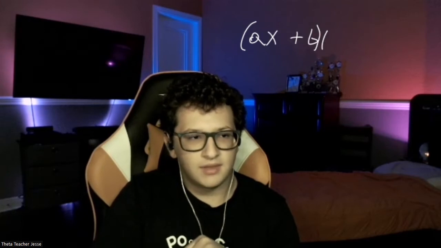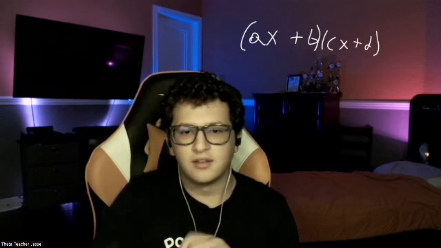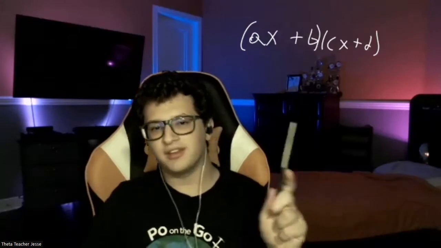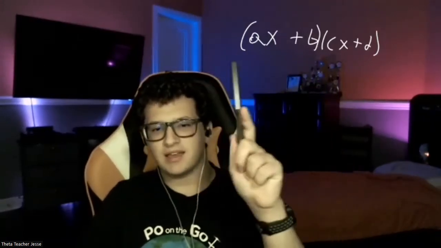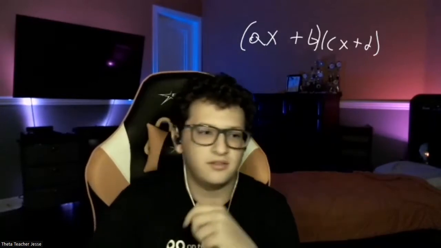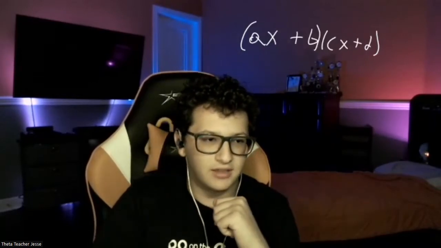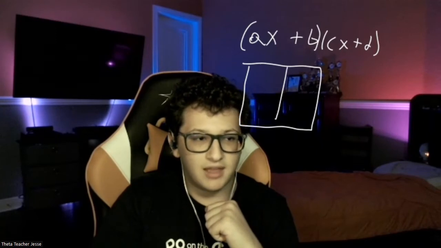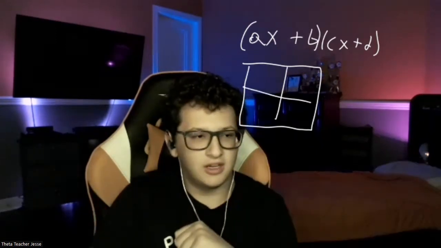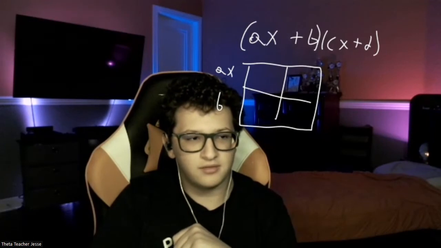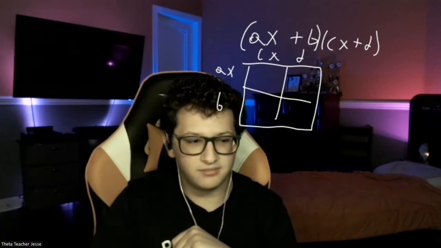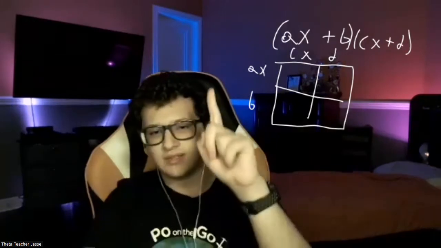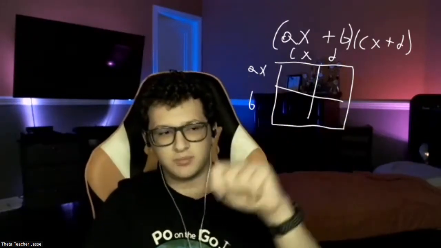Binomial? All right, awesome. So let's say that we have ax plus b times cx plus d, right? So we can do the FOIL method where we have ax times cx, ax times d, and all the way there. But I prefer to write it out like this. So we're going to make a 2 by 2 box. Here we have ax, here we have b, here we have cx, here we have d. And all you have to do is multiply the two things that go to each box.